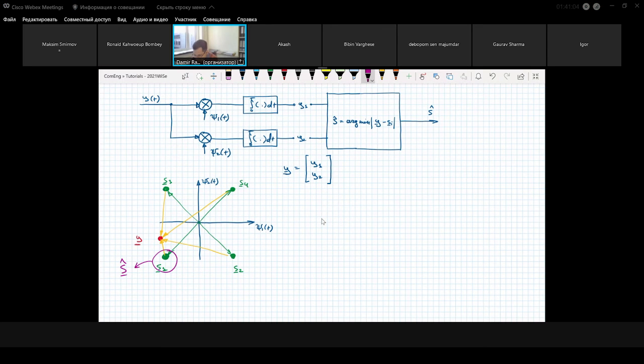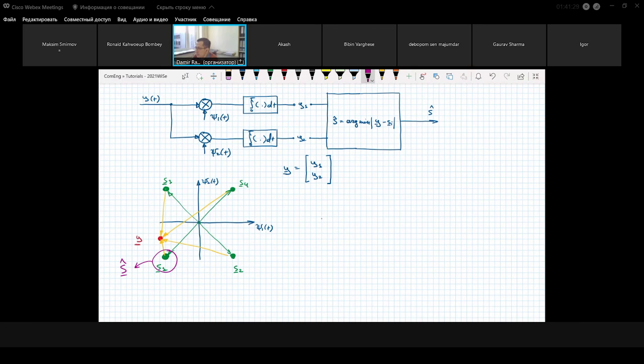Actually, in our vector, each number corresponds to a separate basis function, and that means that you just choose for each basis function the closest possible candidate separately. I hope it's clear, but please let me know if it's not.